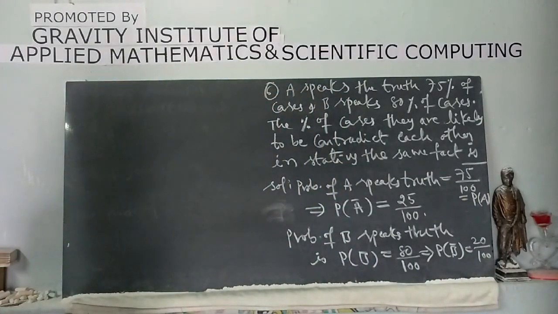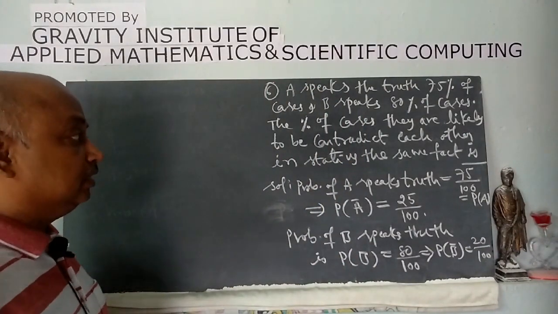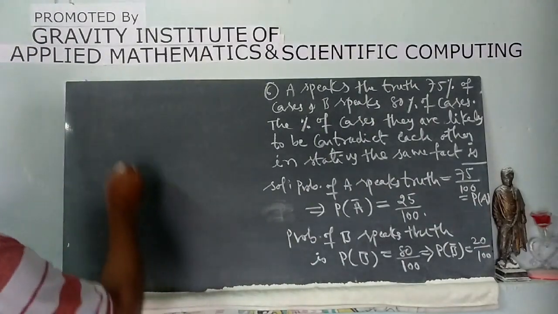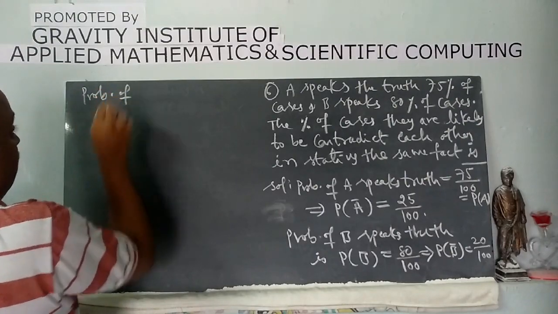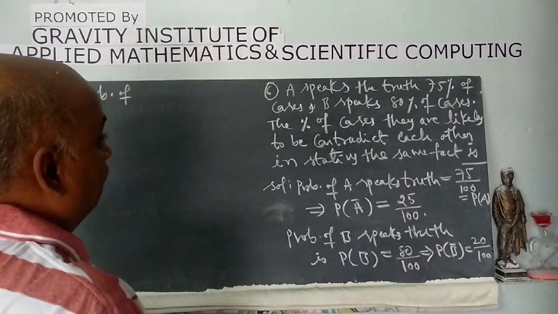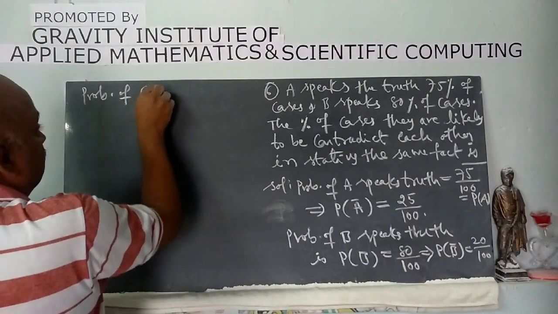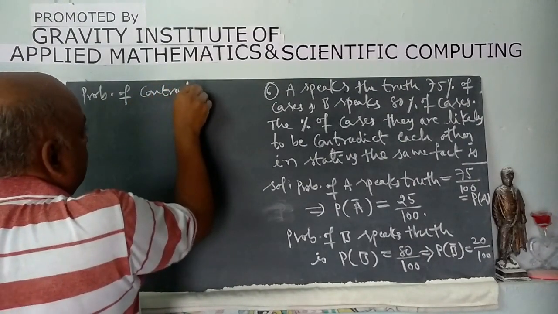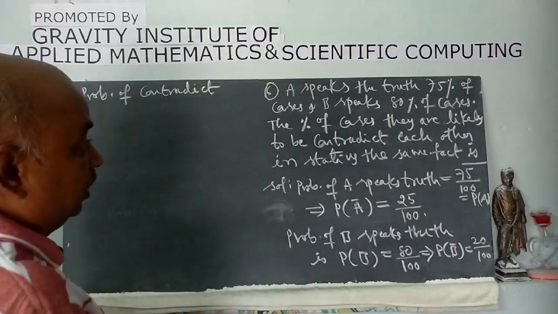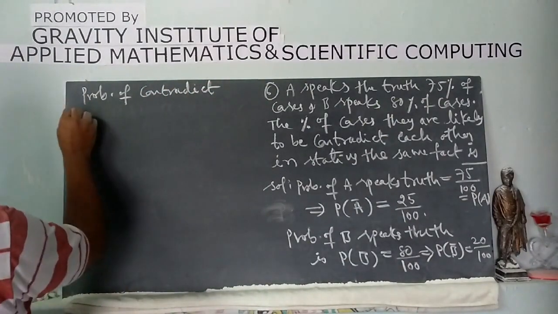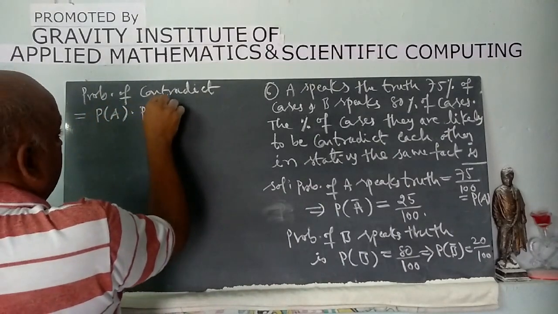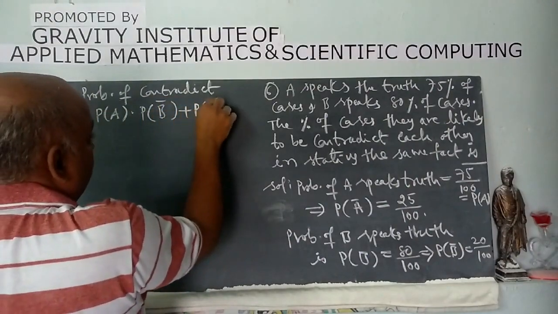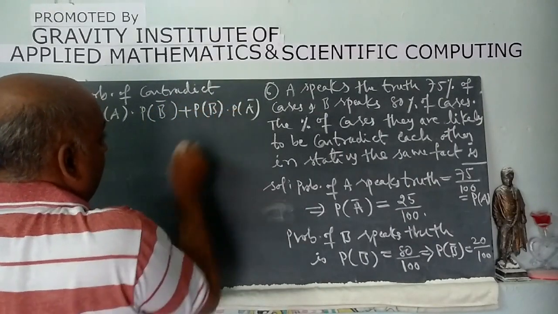Then we have to find the probability that they are likely to contradict each other in stating the same fact. So probability of contradict is equal to P of A into P of B bar plus P of B into P of A bar.